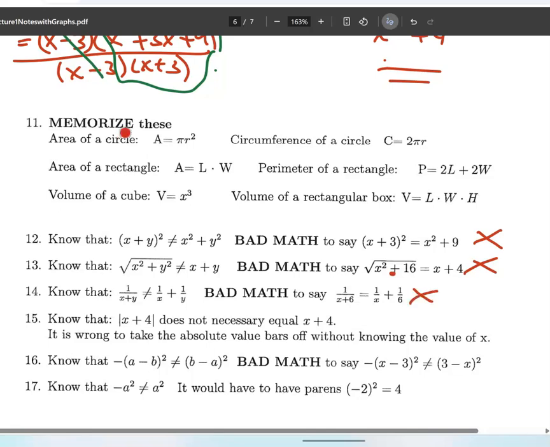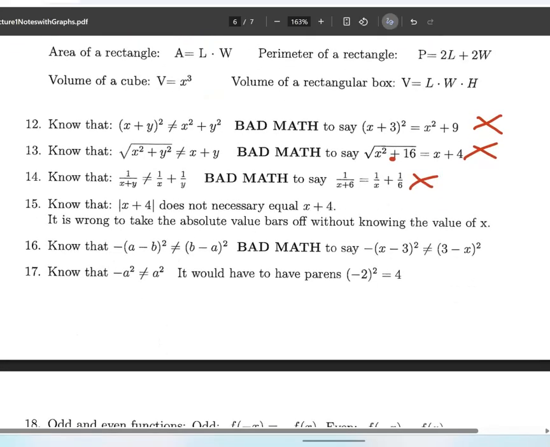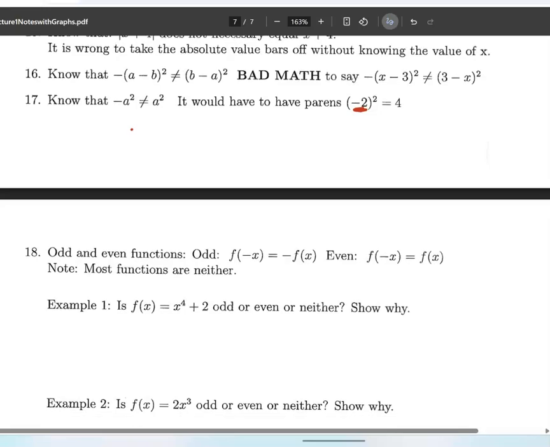You can't just throw away the absolute value bars around the x plus 4 because you don't know the value of x. You cannot move the negative sign inside like that. And it's wrong to say negative a squared is a squared. If you wanted to say that, you would have to put parentheses on there to say it turned out to be the positive 4.